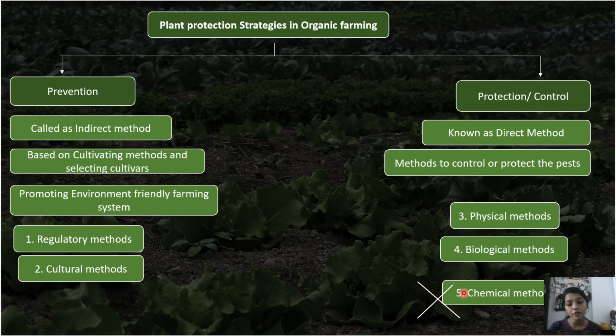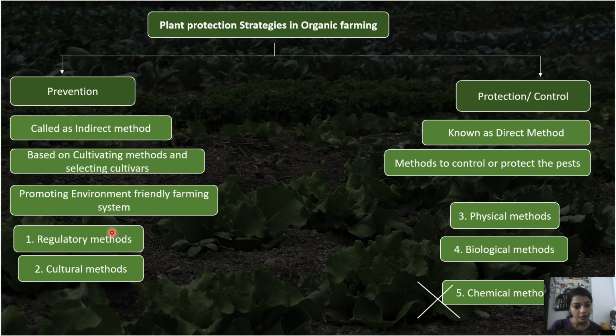So we will not be studying chemical methods in this plant protection strategies. What we will learn is about the prevention methods and the protection and control methods relating to physical and biological methods, right? I hope that this is giving you a clear picture, right?